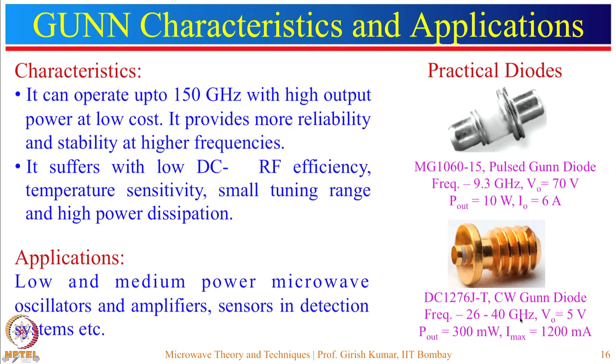Now, just to conclude, in this lecture we started with semiconductor material, then we saw how the conductivity of the material can be increased by adding impurity in the material. Then we combined the N type and P type materials, and the combination forms a PN junction, which provides very interesting features like rectification and switching.